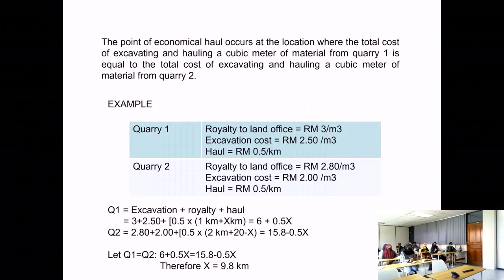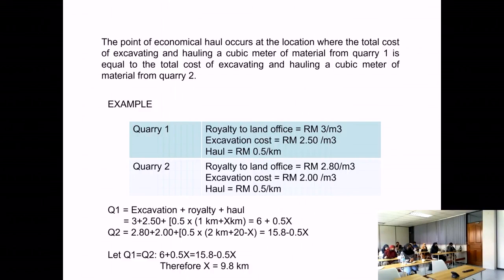For quarry 2, same, excavation plus royalty plus 2 km from the highway and 20 minus X that we bring to the highway. So we set equations 1 and 2 to be equal, Q1 equal to Q2, so we can find X.